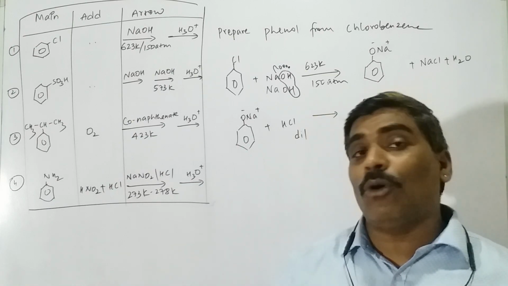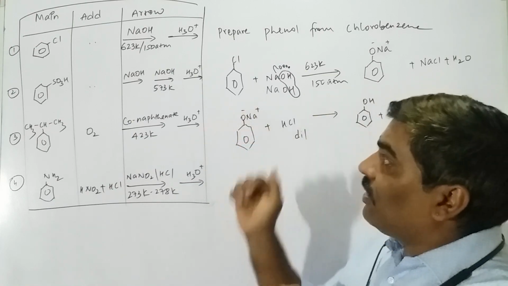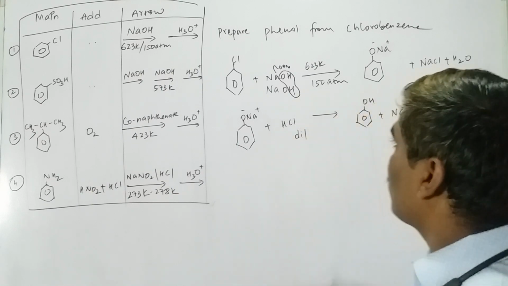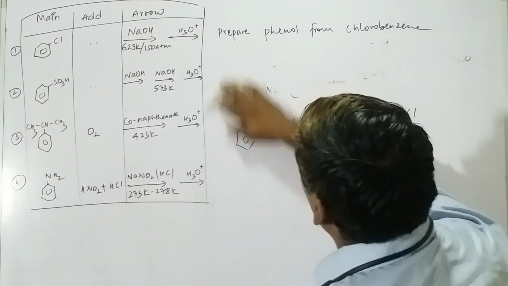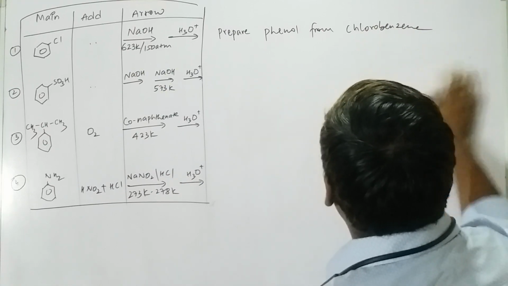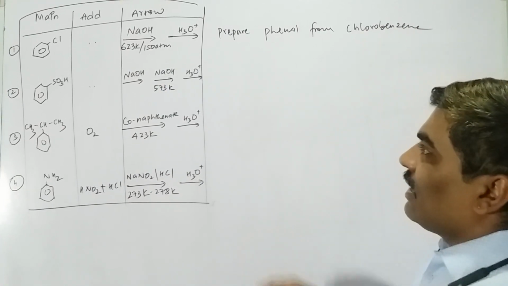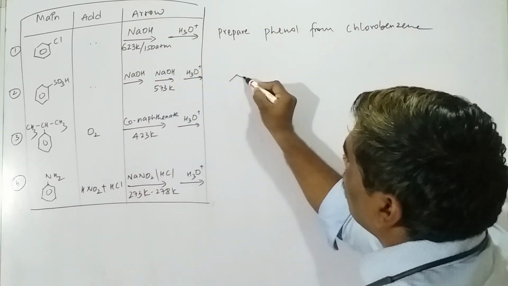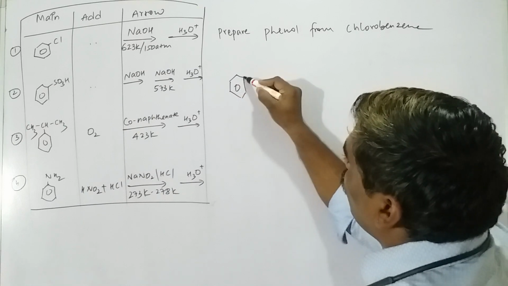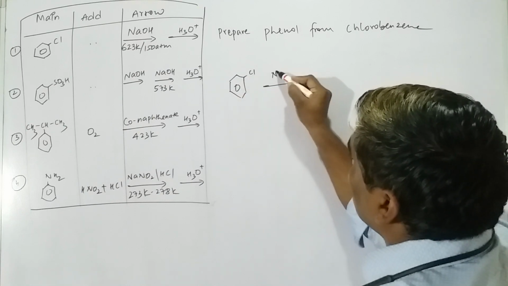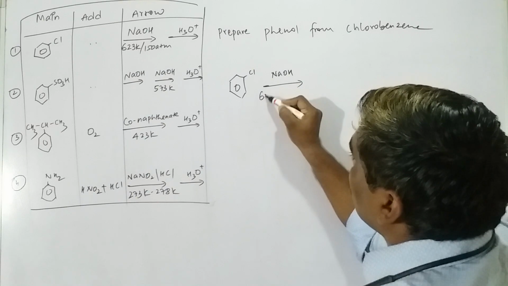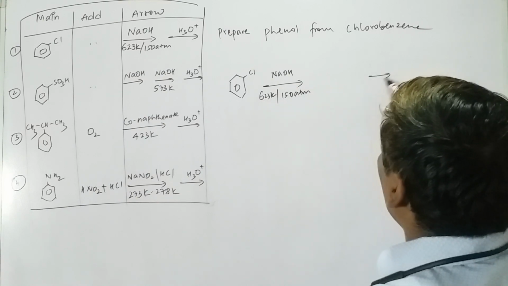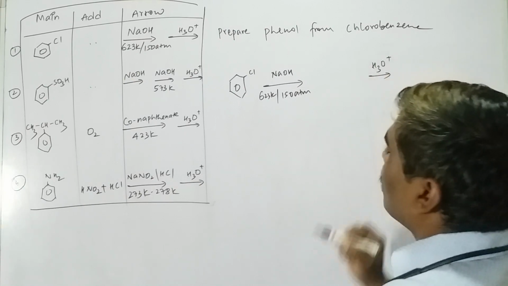See, if you write like this, it is okay, no problem. And the way I have given here, you can do it that way also. So let's see that. Try to write it here. See, if we have chlorobenzene, directly you write NaOH. You write here 623 Kelvin and 150 atm. On the next arrow we have acid hydrolysis.